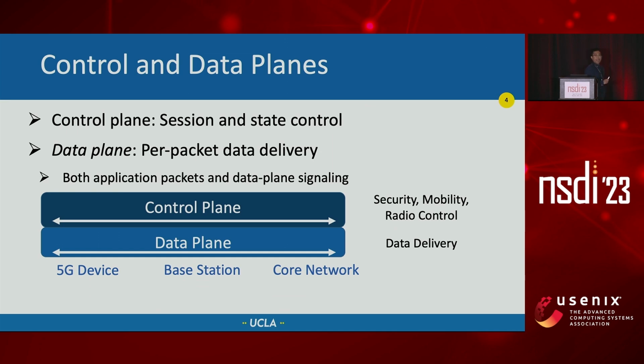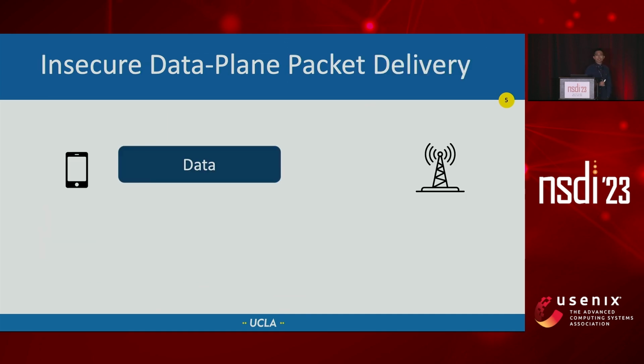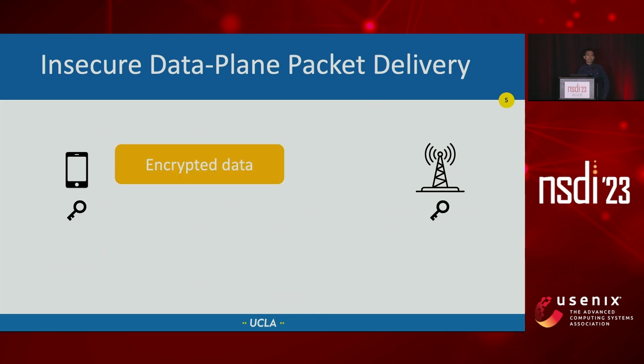So let's take a look at how 5G data plane protects its data and signaling. First, we notice that the data plane packet delivery is not secure. What is the current measure being taken in the 5G data plane? Let's say we want to deliver data from the device to the base station. The first practice is to encrypt it.